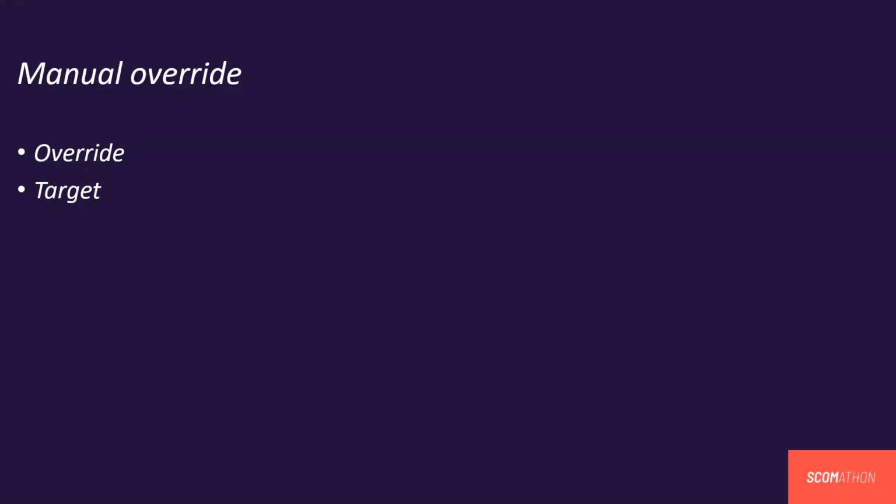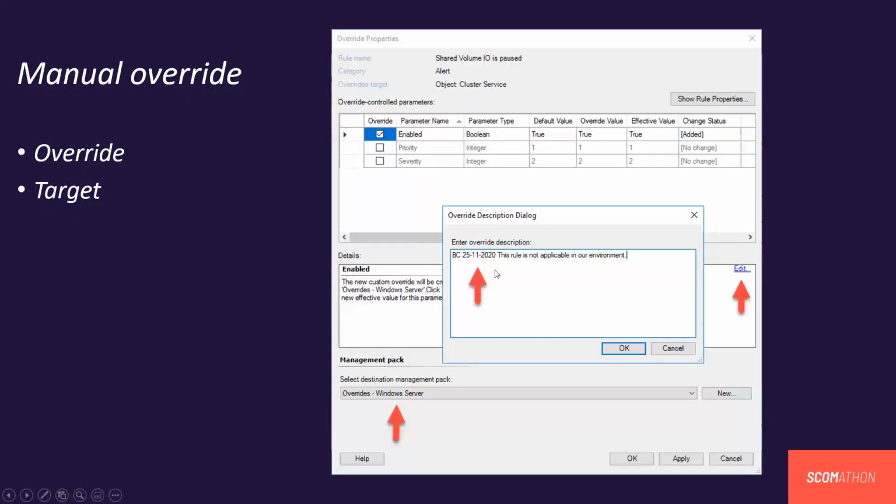Usually what I prefer to do is target it at the same class as what it is targeted at in the first place. So for instance, if it is about SQL database, then I will also override it for SQL database. But also you could select the group or maybe a specific object. We will come back to that later as well.